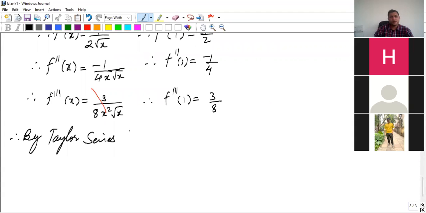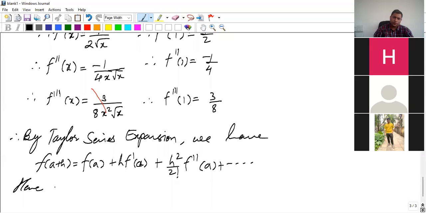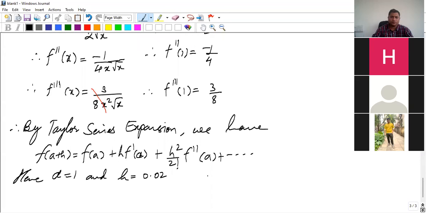by Taylor series, we have f of a plus h equal to f of a plus h times f dash of a plus h square by 2 factorial f double dash at a and so on. So here what we know is a is equal to 1 and h is equal to 0.02.